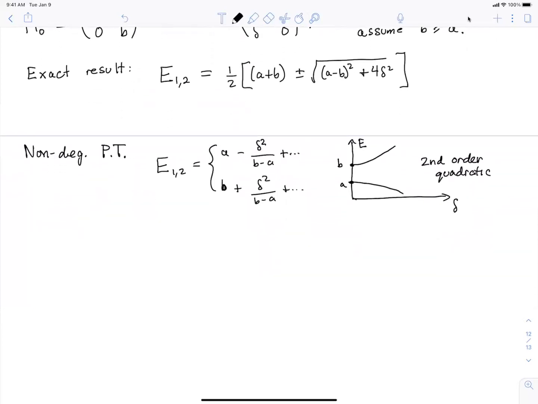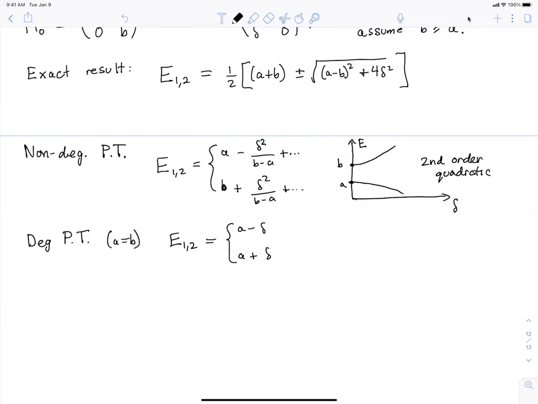Now suppose instead that A was equal to B, then we should be doing degenerate perturbation theory. So this is for the case A equals B, and that's a really easy 2x2 matrix to diagonalize. The results are exact: A minus delta and A plus delta.